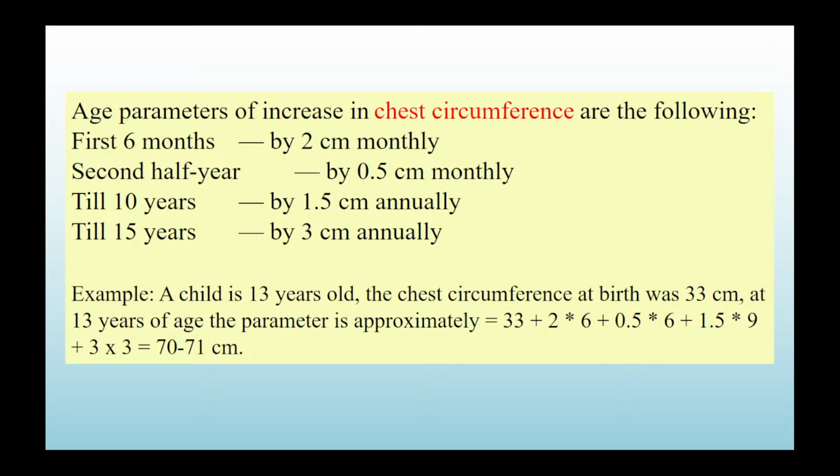Age parameters of increase of chest circumference are the following: the first 6 months by 2 centimeters monthly, second half year by 0.5 centimeters monthly, until 10 years every year an increase of 1.5 centimeters, and after 10 years till 15 years by 3 centimeters annually.